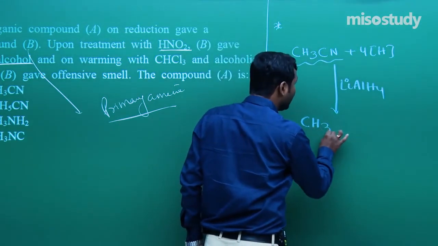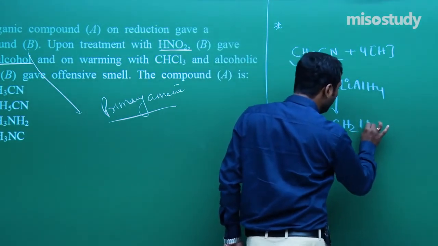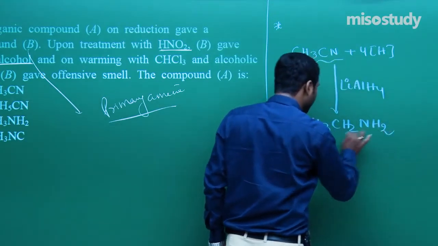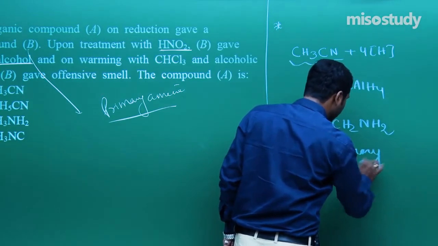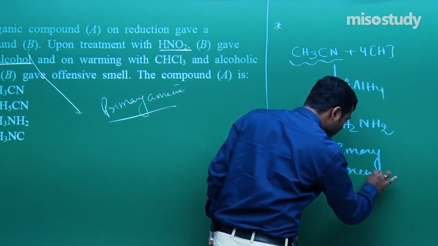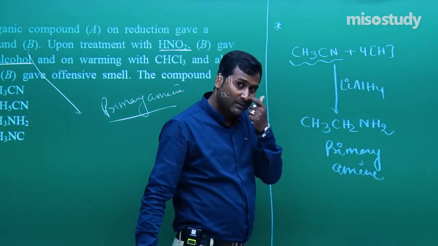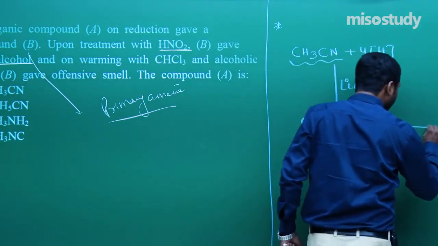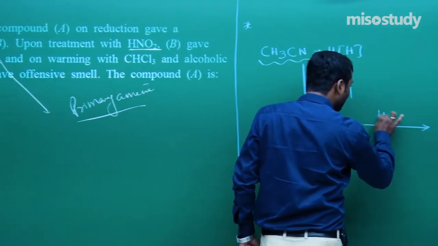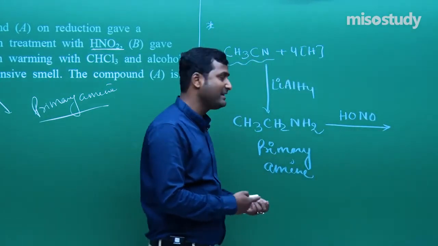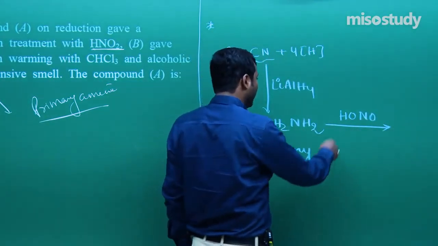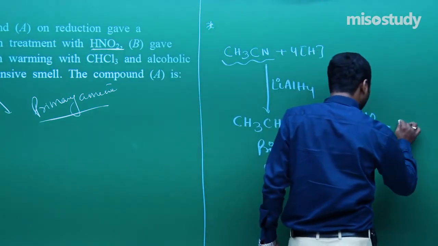We get CH3CH2NH2. This one is a primary amine. Now this primary amine on treatment with HONO, which is a better way to represent it, gives what product?